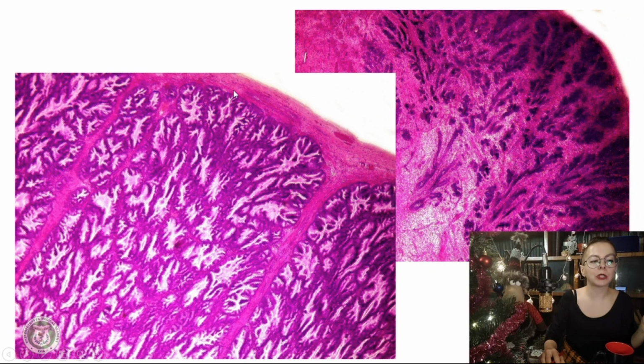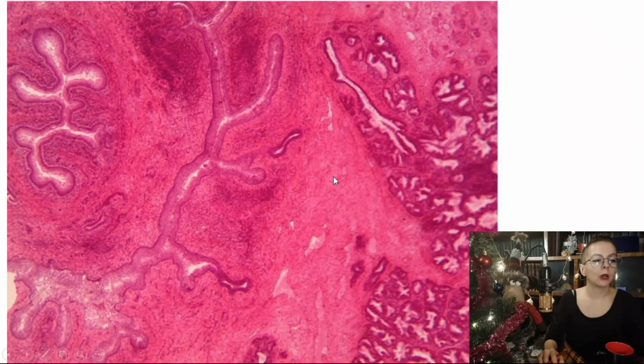And lobules are separated with the fibromuscular stroma of connective tissue. Also in prostate, usually except glands, you can find also the ductus ejaculatorius and the prostatic urethra. So if you can find those giant ducts, this is probably the prostate.